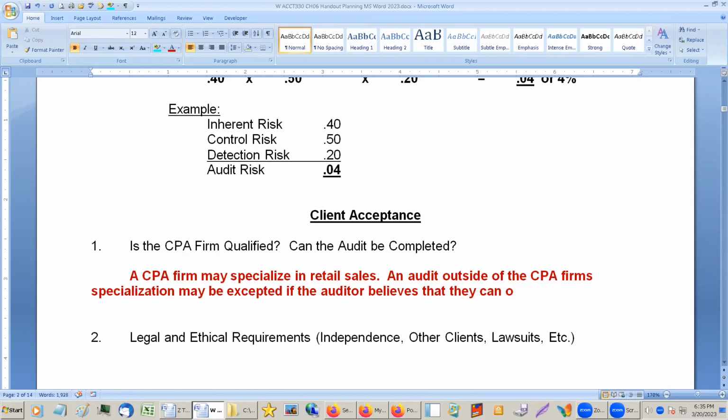So as long as the auditor believes they can obtain the required expertise to complete it.